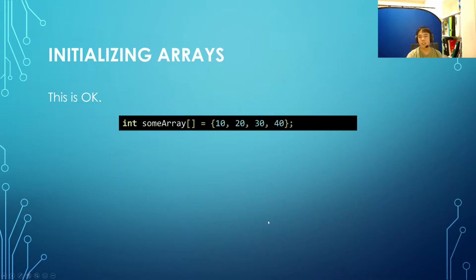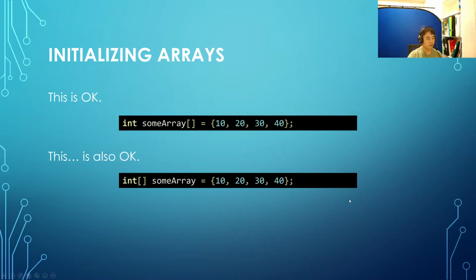So, about initializing arrays, this is okay. You define the type of array, you write the name of your array, and then you add the 2 square brackets to declare that it's an array. And we set that equal to an array of 4 elements, 10, 20, 30, and 40. Unlike C, this is also okay.